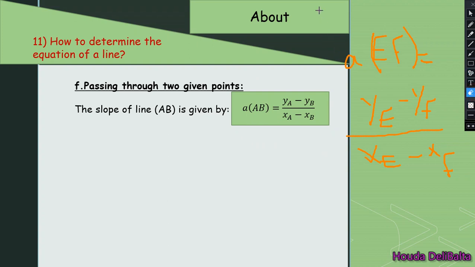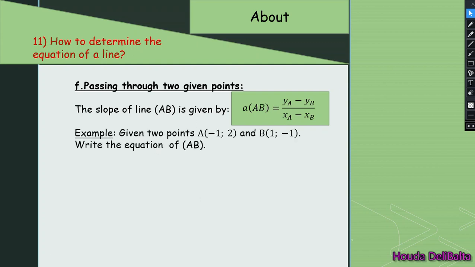Now let's continue to know how to determine the equation of a straight line knowing 2 points on it, and this is an example to make things clear. Given the points A of coordinates -1, 2 and B of coordinates 1, -1, we have to write the equation of the line AB.